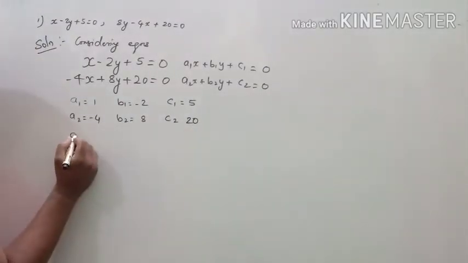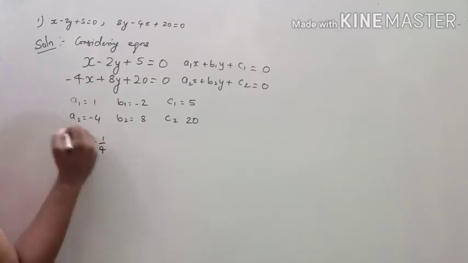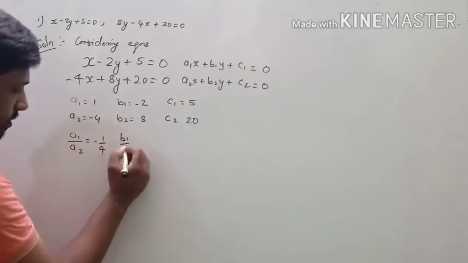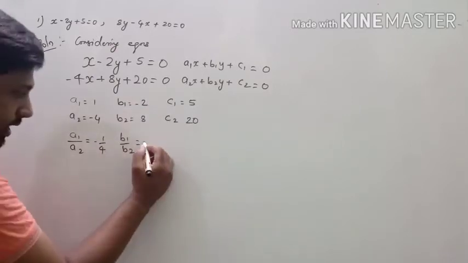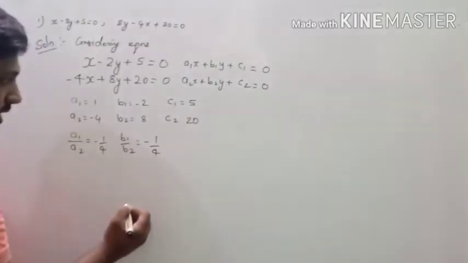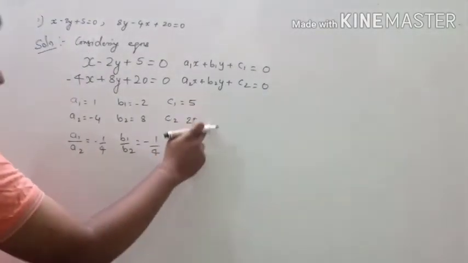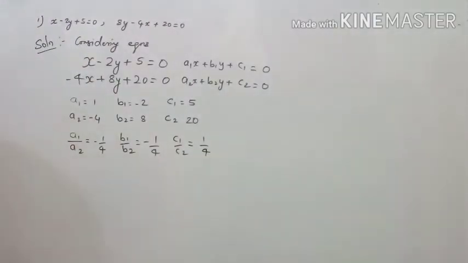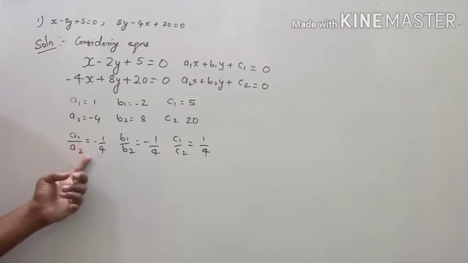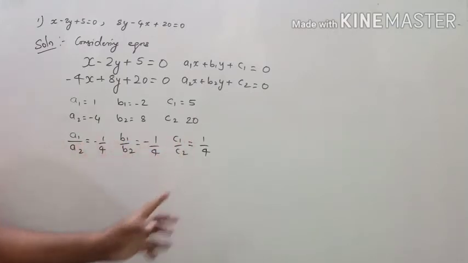Now a1 by a2 is minus 1 by 4, right? b1 by b2 is minus 2 by 8. If we simplify, again we'll be getting minus 1 by 4. And c1 by c2 is 5 by 20, obviously it is 1 by 4. So we got a1 by a2 is minus 1 by 4, b1 by b2 is minus 1 by 4, and c1 by c2 is 1 by 4.